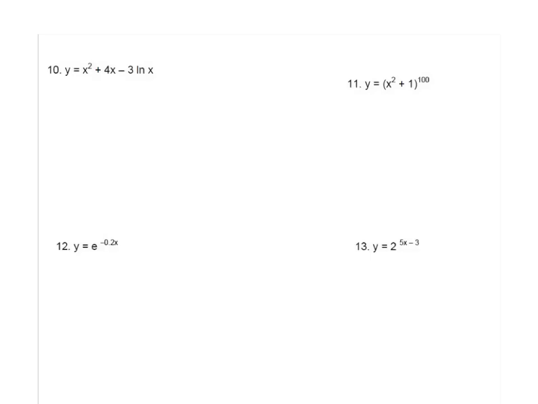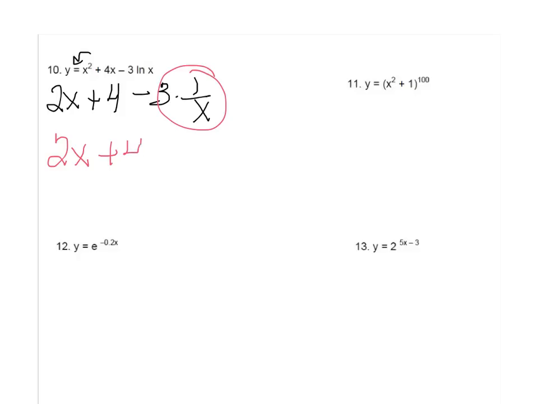Okay, now for 10, the derivative of 2x is the power rule, the 2 comes down. 4 is the derivative of 4x, and then the ln of x is 1/x. Now this last piece I'm going to combine and make it negative 3/x. And you can do that because 3 is over 1, so you multiply numerators, multiply denominators.